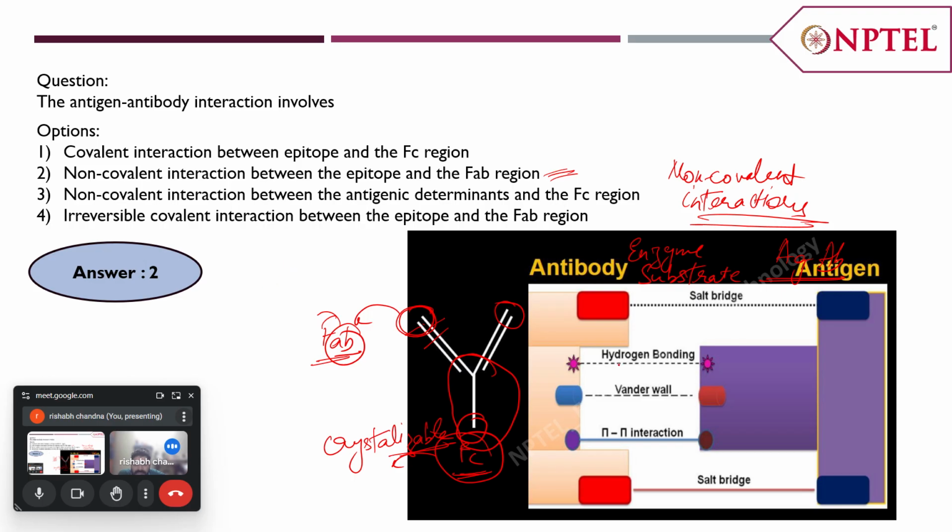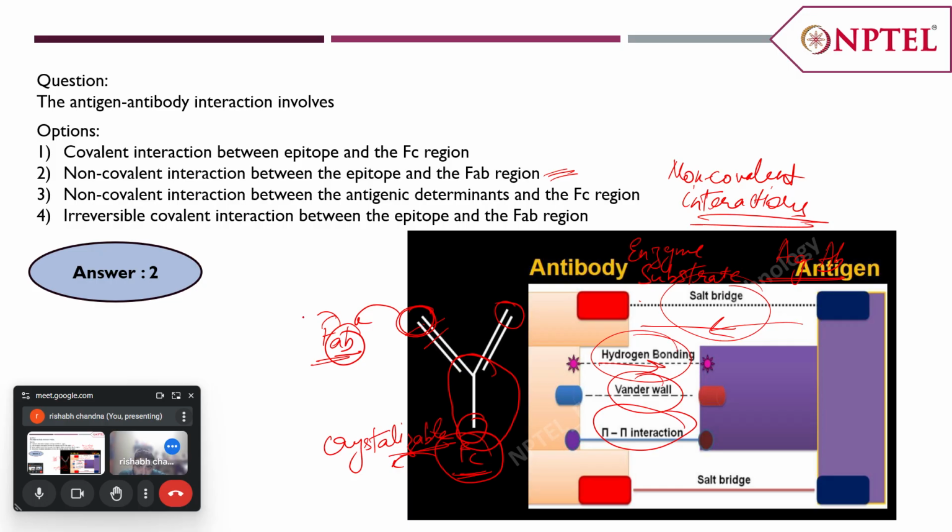These antigen binding sites basically involve different non-covalent interactions like salt bridge, hydrogen bonding, van der Waals forces, pi-pi interactions to bind to the particular epitope inside the binding site.